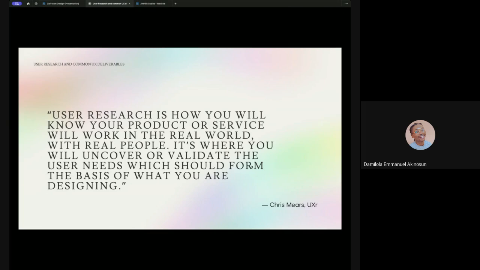Let's take that again. User research is how you would know your product or service will work in the real world with real people. It's where you will uncover or validate the user needs, which should form the basis of what you're designing.